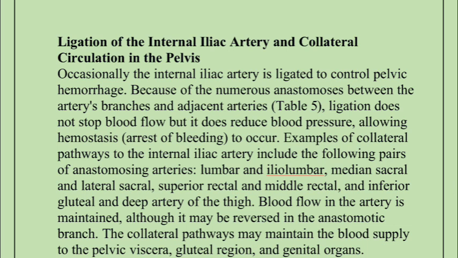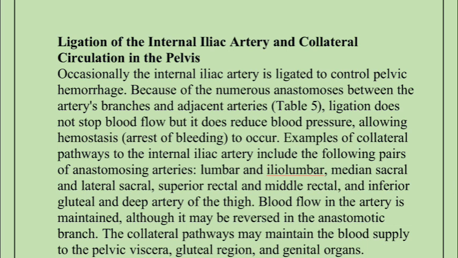So even when you ligate one of these two vessels, you still have blood coming from the other one. You also have anastomosis between the median sacral and lateral sacral arteries, between the superior rectal and the middle rectal artery, and you must remember the anastomosis between the inferior gluteal and the deep artery of the thigh.